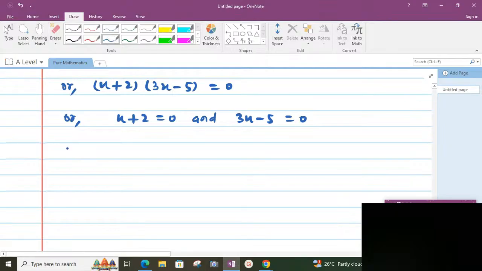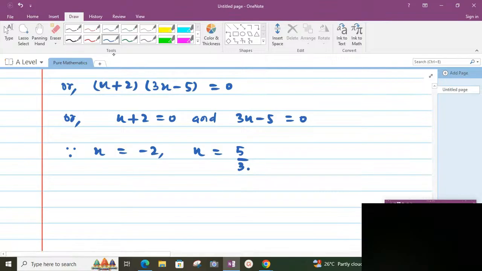So the final step here will be therefore x equal to plus 2 move in the right hand side, then we get minus 2, and here x equal to minus 5 move in the right hand side, then we get 5, and 3 move in the right hand side, then we get 5 by 3.